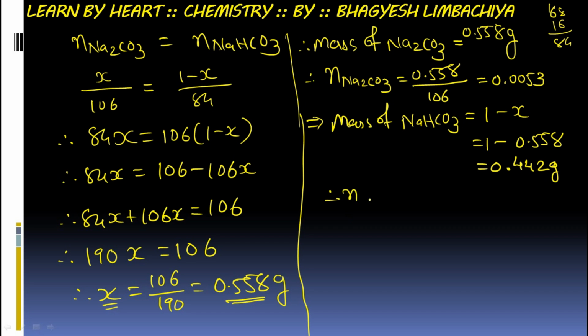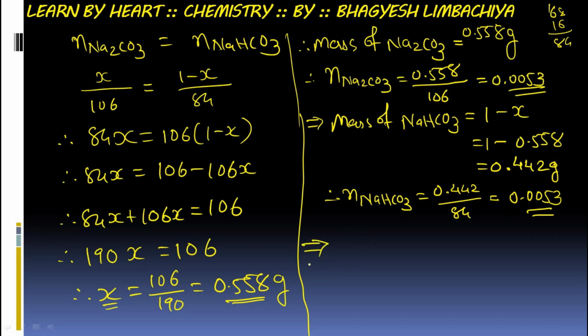So the number of moles of NaHCO3 is divided by 84 with its molecular mass, and here we are getting same 0.0053. So the number of moles are same, and that was given into the question, and number of moles are determined by us.